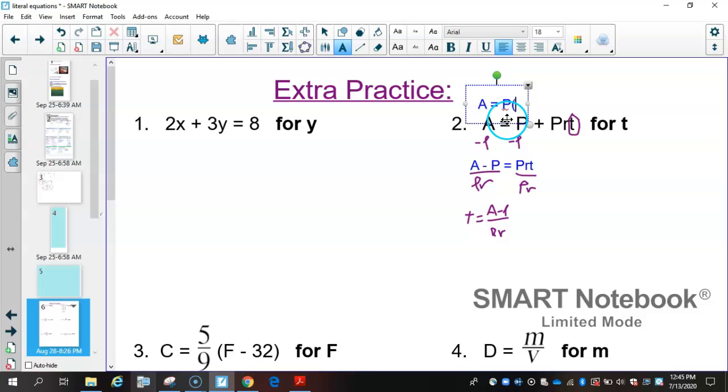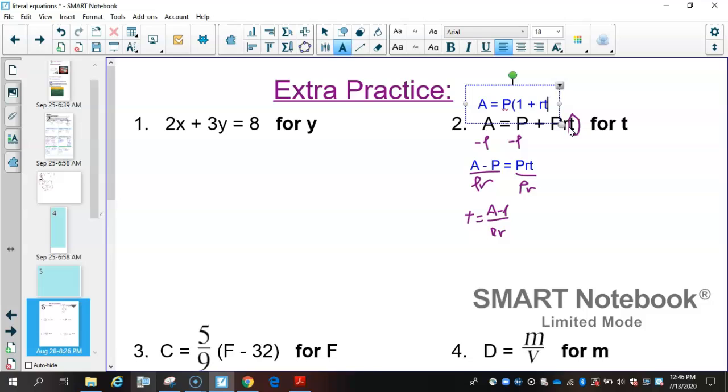Well, when I do that, I have to think about what it would have been originally. Instead of multiplying, I'm kind of dividing both of these by p to get it back on the outside. If I divide p by p, that's just 1. And if I divide this PRT by p, all that's left is just RT.